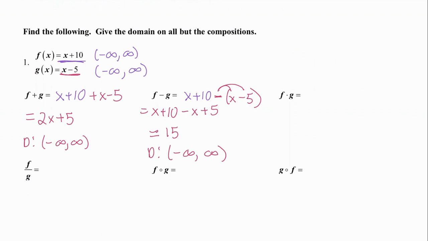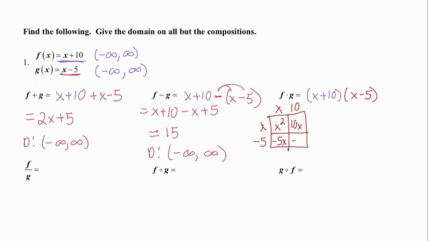Okay. The next one we're doing multiplication. So we're taking these two and we're doing x plus 10 times x minus 5. And if you realize that we need to do the box here, good job, you're correct, we do. So we do x plus 10 times x minus 5. x times x is x squared. x times 10 is 10x. x times -5 is -5x.